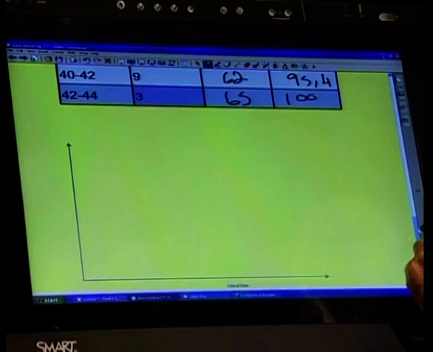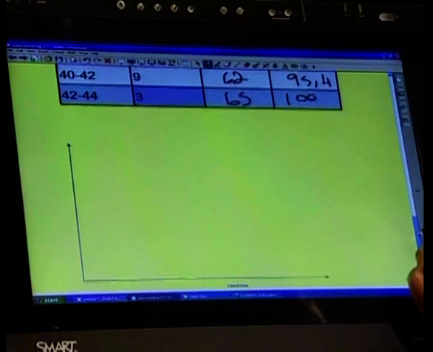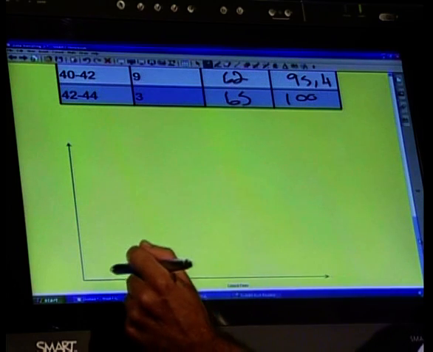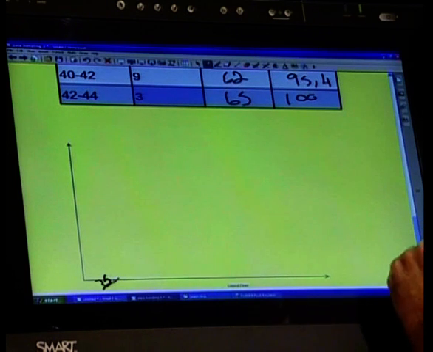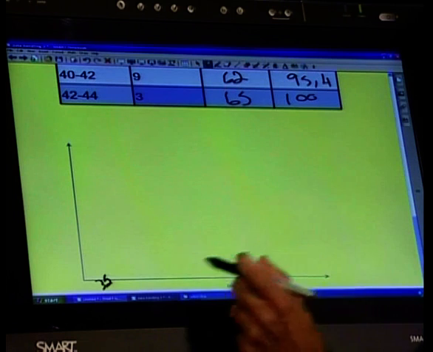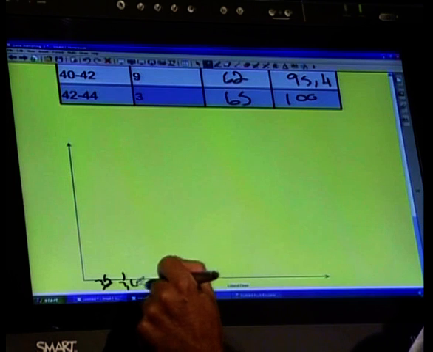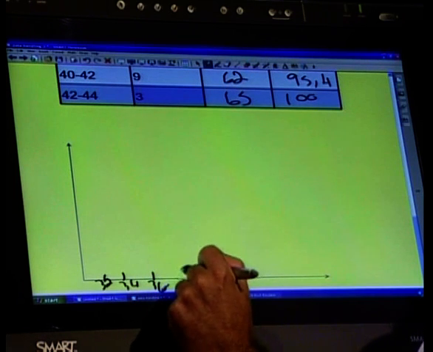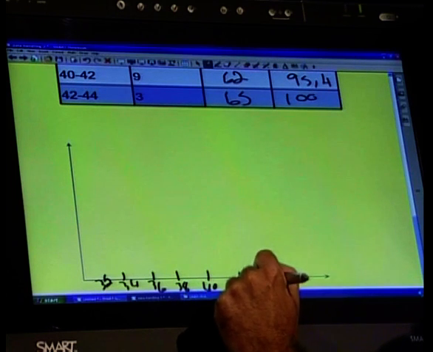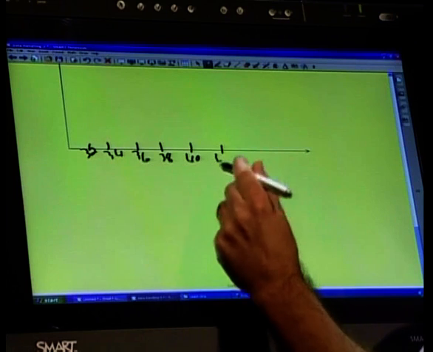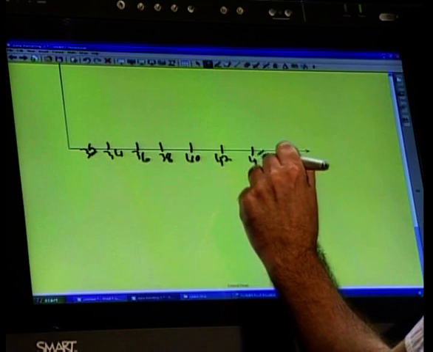There's our axes. We're going to want categories on them from 32 up to 44. 32, 34, 36, 38, 40, 42, and 44.